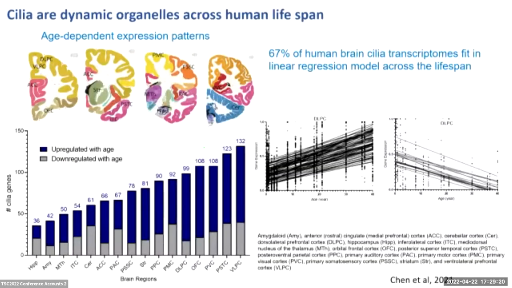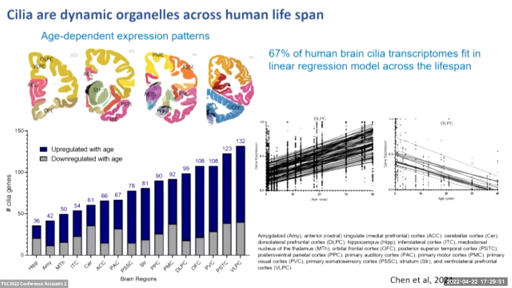disorders. But then we thought, are cilia dynamic even within normal conditions? We looked at the human lifespan transcriptome, and we found that at least 67% of the human brain cilia transcriptome follows a linear regression model, and we didn't even use nonlinear regressions.